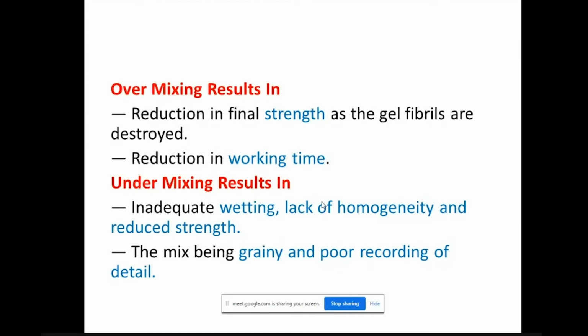Inadequate working time. The reaction can cause non-homogeneous mix, and the strength will decrease. The mixing can cause a grainy mix, and the detail can result in poor reproduction.